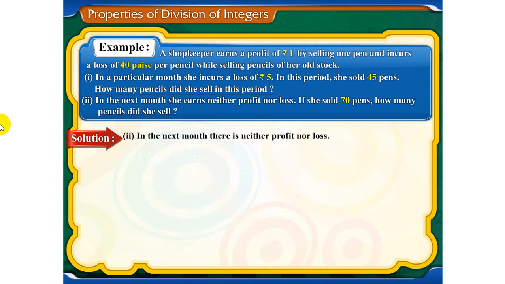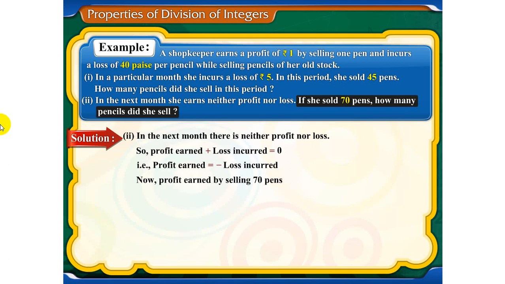2. In the next month, there is neither profit nor loss. So, the profit earned plus the loss incurred is equal to 0. That is, the profit earned equals minus the loss incurred. Now, profit earned by selling 70 pens is equal to 70 rupees.